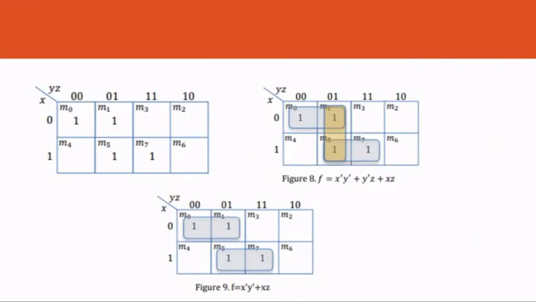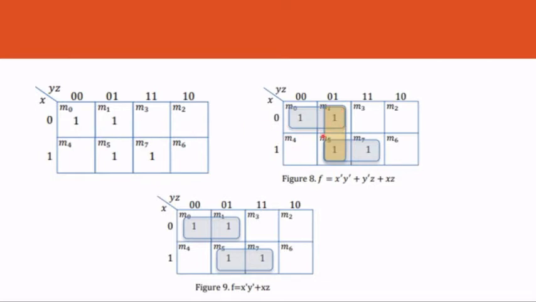So sometimes we may come across a mapping such as this figure. It is best to inspect the diagram before grouping the ones. If not, we might make the mistake of including redundant terms, the result of combining squares that are already covered by other combinations. So for example, we are going to group these adjacent squares.